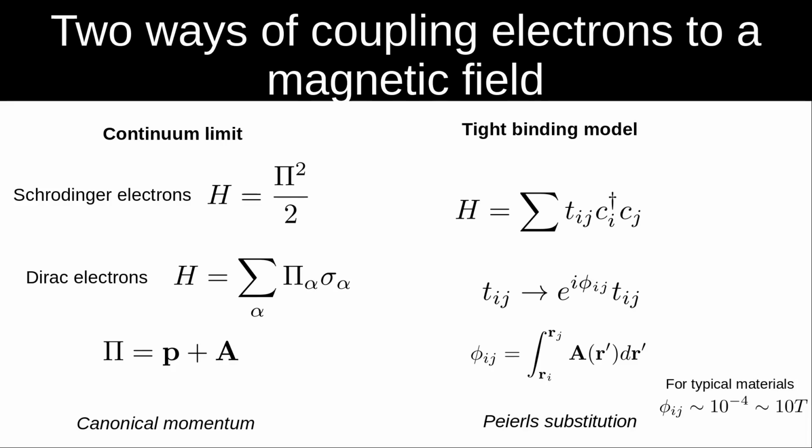And then we have the other alternative, which is to put all the dependence of the magnetic field directly onto the wave function. And this is a methodology that is useful if you are working with tight-binding models. So effectively, you just need to replace every single hopping by the hopping times a phase, and this phase is essentially the circulation of the magnetic potential between locations i and j. And this is what is usually called the Peierls substitution.